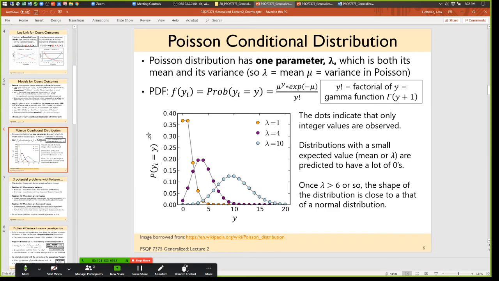One was Poisson. This one is really restrictive and rarely fits in practice because it says the mean is equal to the variance. So note that it is a non-constant variance. Like if your predicted mean is 10, the predicted variance is 10. If your predicted mean is 4, the variance around it is 4.